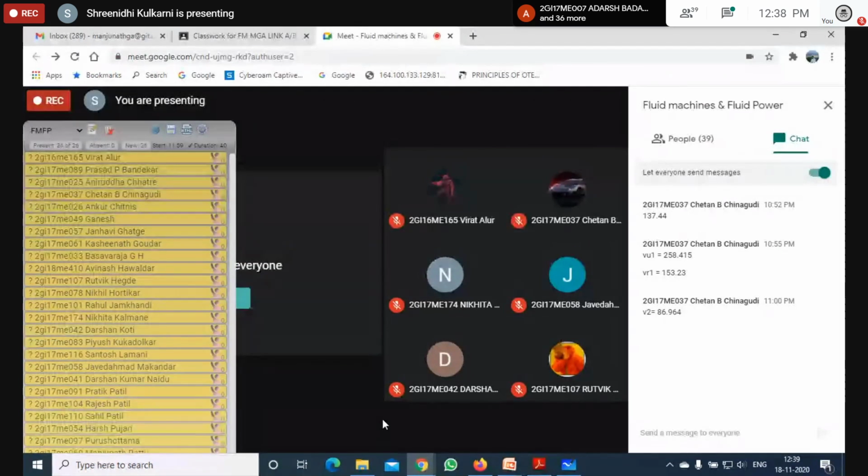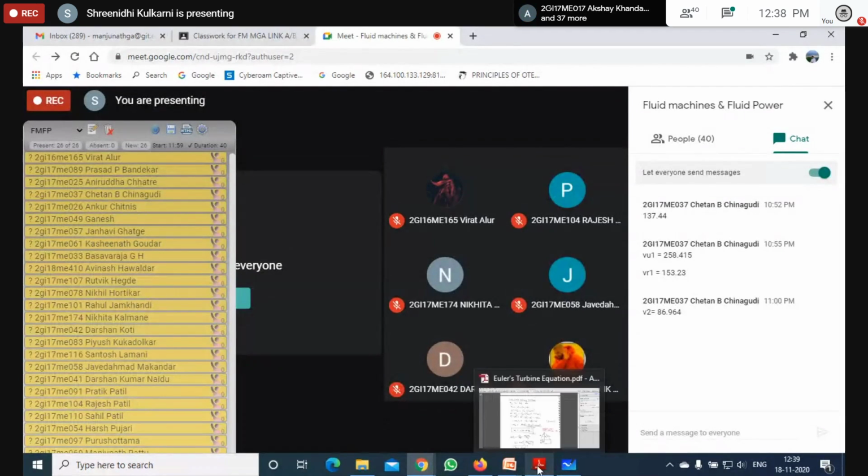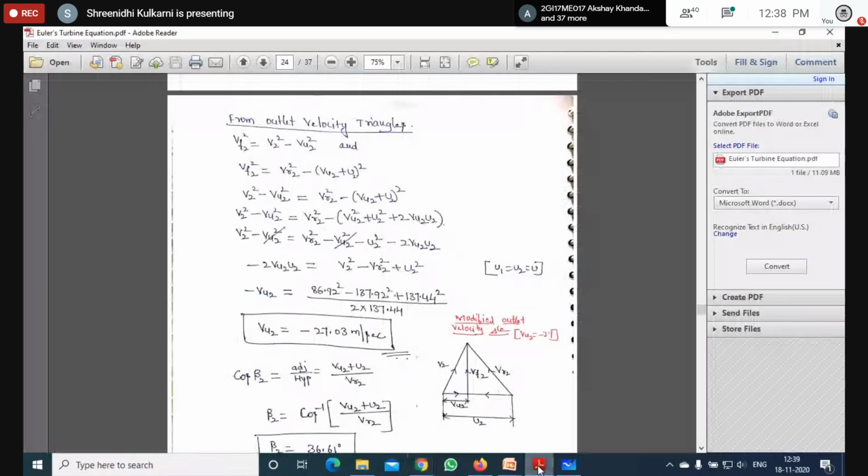Once you got the negative value of VU2, please modify the velocity triangle and change the direction.